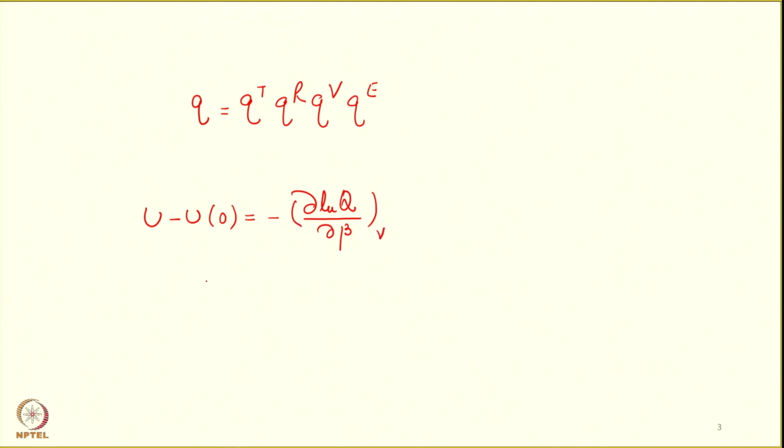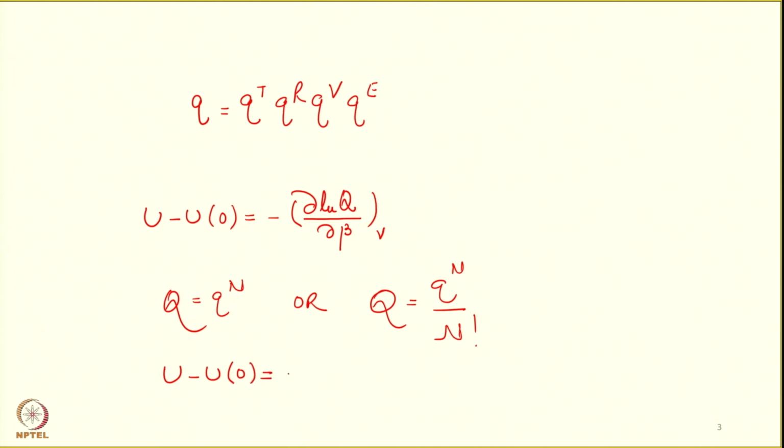Now for distinguishable or indistinguishable molecules, Q is equal to q raised to the power n, or Q is equal to q raised to the power n by n factorial. You will use one of these equations, right? And we have already shown that in both the cases, whether you use q raised to the power n or q raised to the power n by n factorial, it comes out to be minus n by q del q by del beta at constant volume.